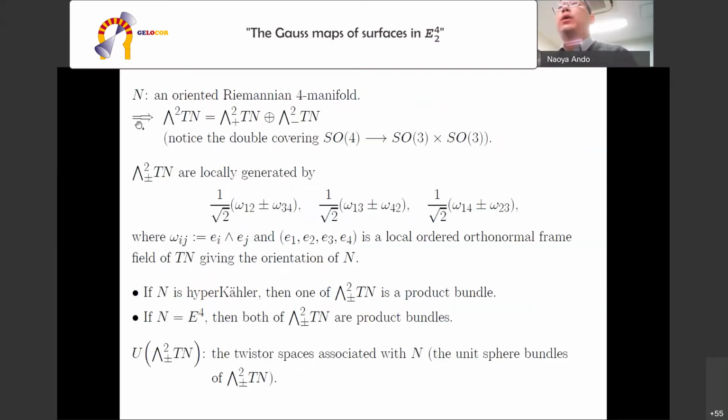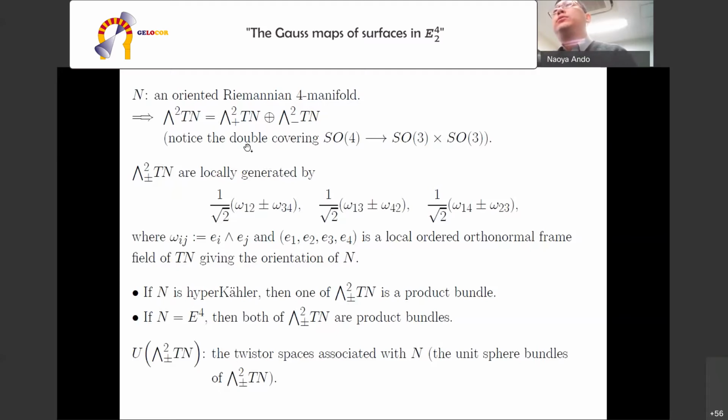Let N be an oriented Riemannian 4-manifold. Then we have this bundle decomposition. This bundle is of rank 6, and these two subbundles are of rank 3.